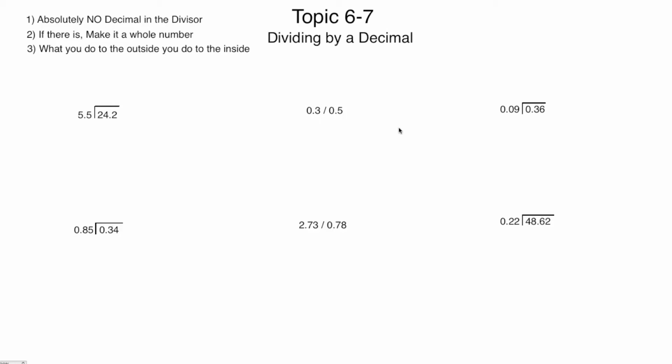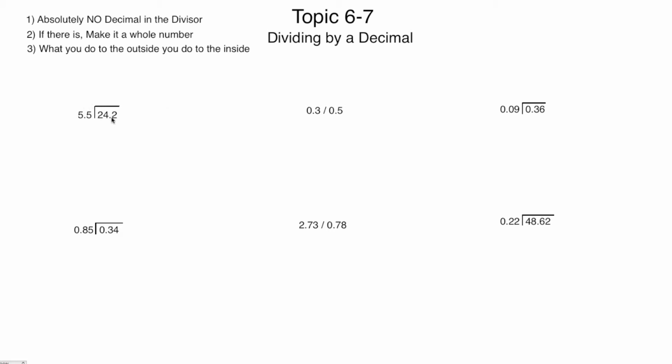Okay, in topic 6-7, we are going to be dividing by a decimal. Again, there are 3 steps to dividing a decimal. The first step is absolutely there can be no decimal in the divisor.